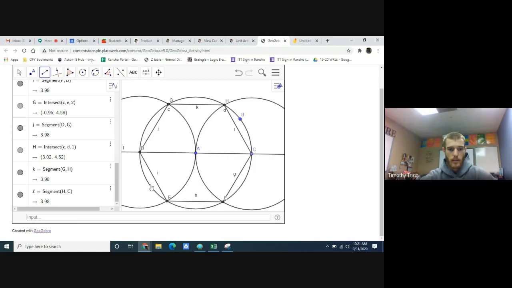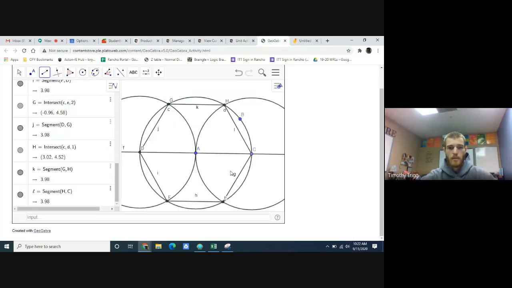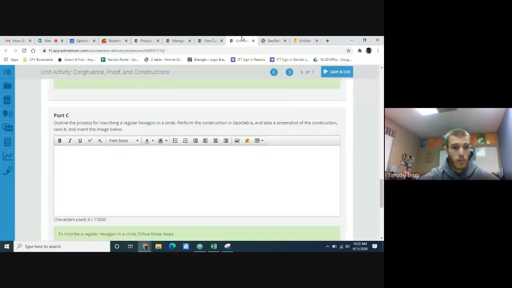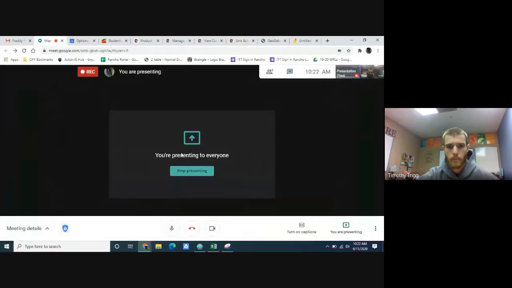Where this circle intersects this circle, where this circle intersects this circle, and we produce the regular hexagon that way. So if you can give that explanation right here or a similar explanation, that would be perfect. Again, if you're having trouble, I think that's the last one. Okay, great.